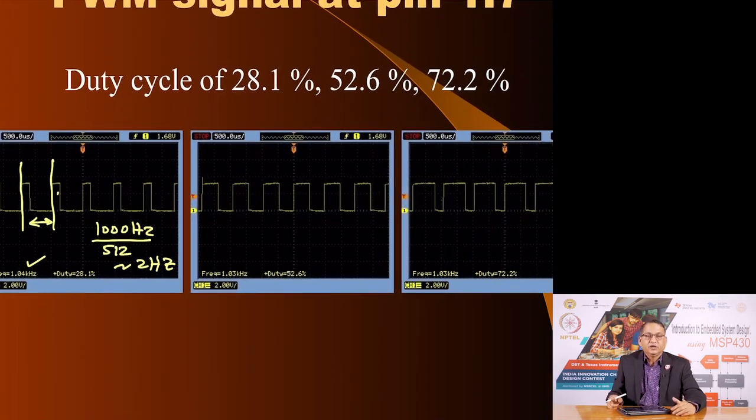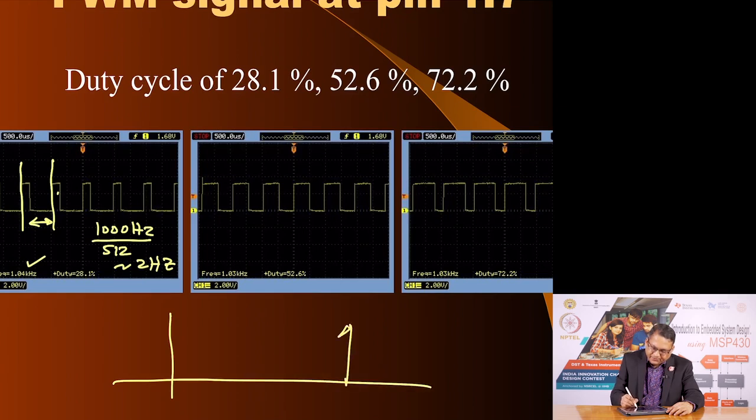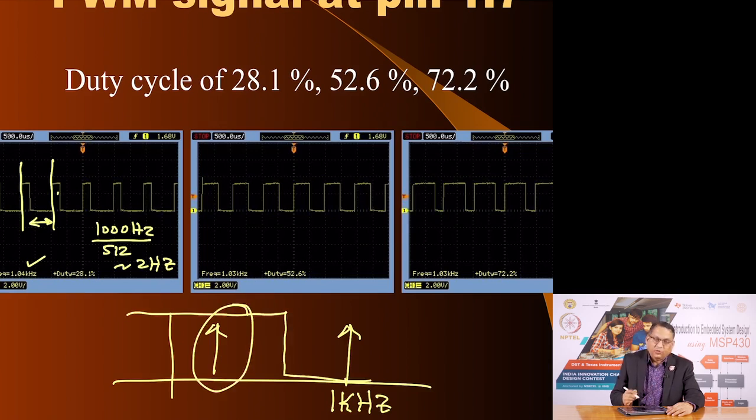Now, as I mentioned, to be able to get 2 hertz or whatever signal which is being used to modulate this duty cycle, the frequency of your PWM signal is here. This is 1 kilohertz, and your message or the information which is modulating this is somewhere here, and you want to extract this. So, what you do is you apply a low pass filter.